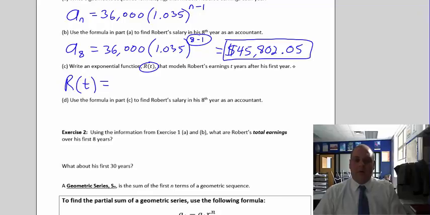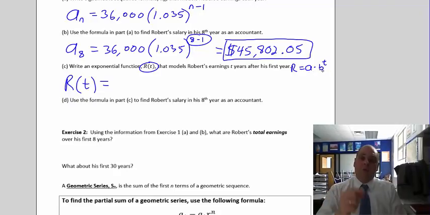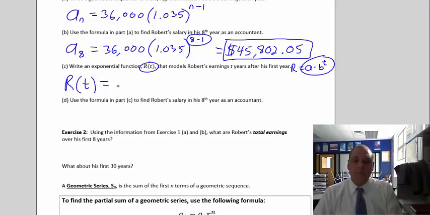Let me put the standard form. It would be R equals A times B to the t, where A is the starting amount, B is the rate, and t is the time. That's the form for an exponential function. Any exponential function looks like that.